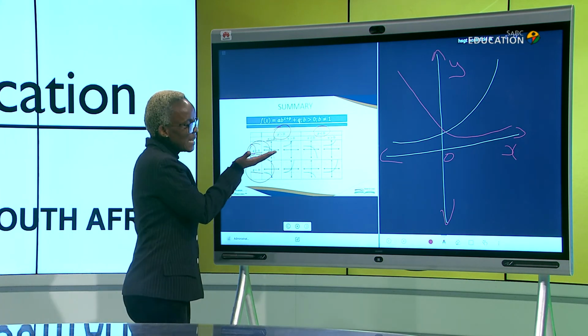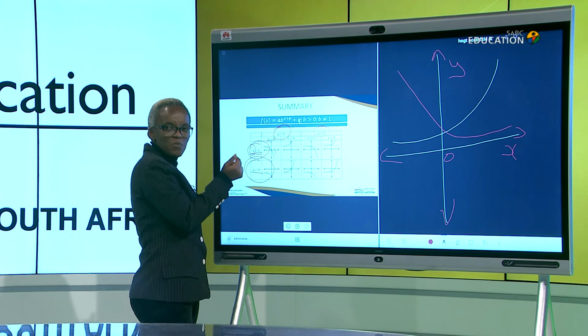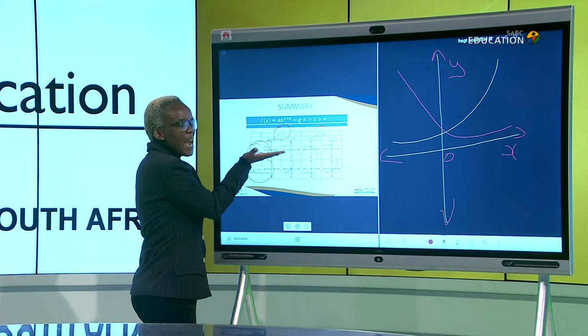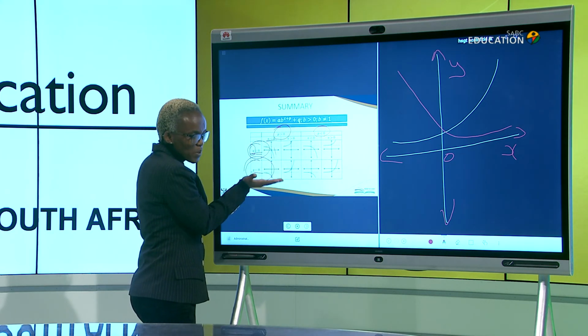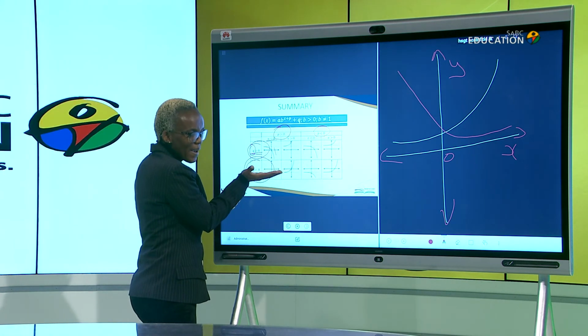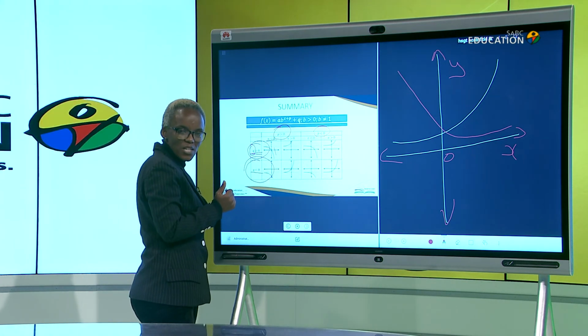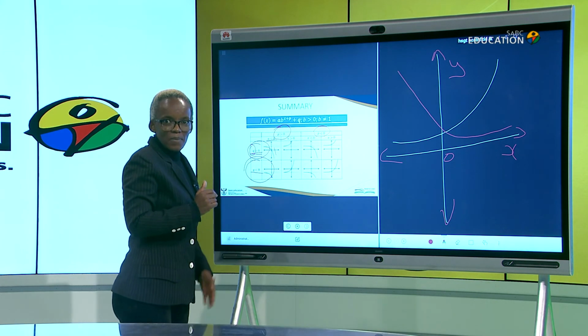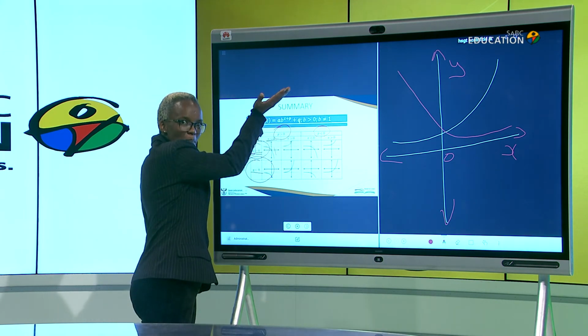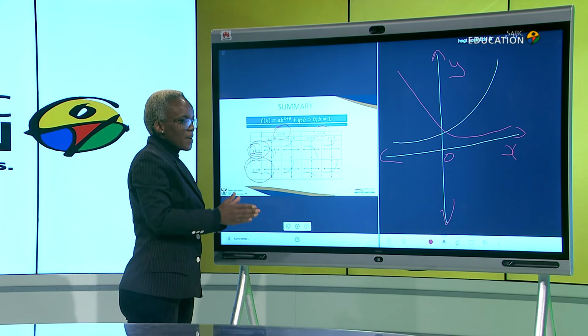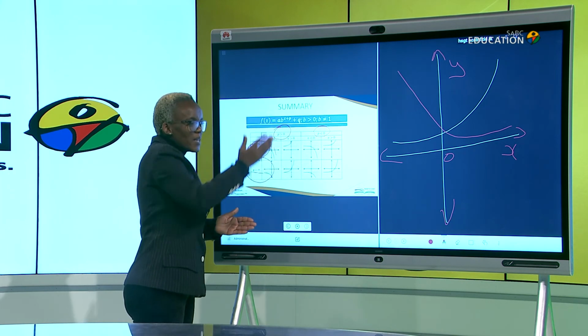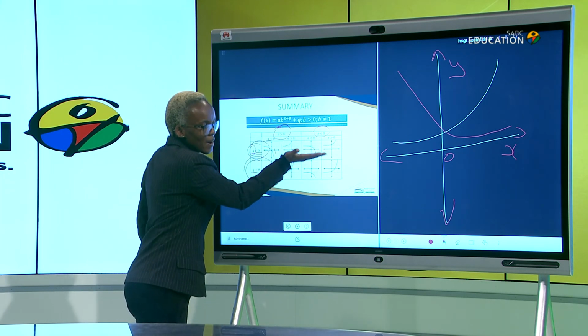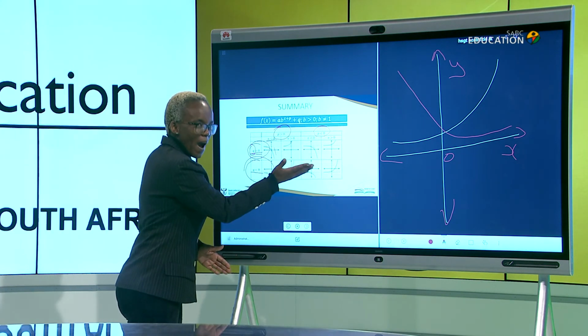If it lies below, it's going to be y less than, depending on the asymptote. When it lies above, y greater than. Below, y less than.